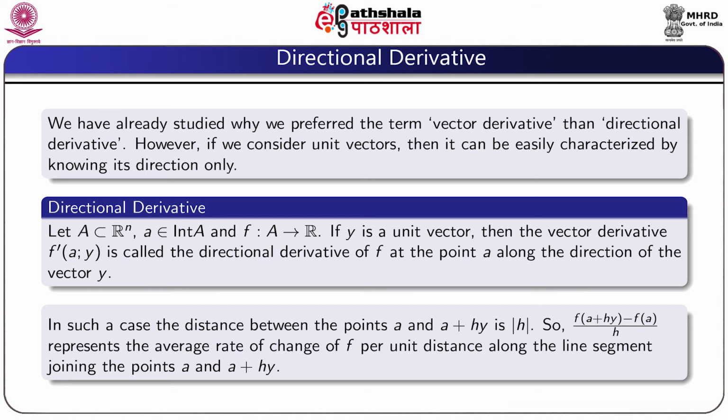In such a case, the distance between the points a and a + hy is mod h. So, the ratio (f(a + hy) - f(a))/h gives the average rate of change of f per unit distance along the line segment joining the points a and a + hy.